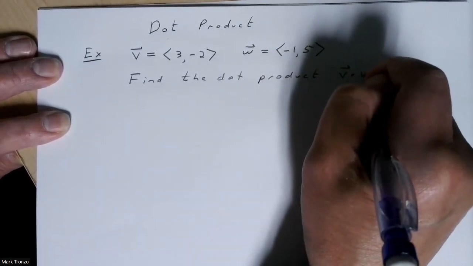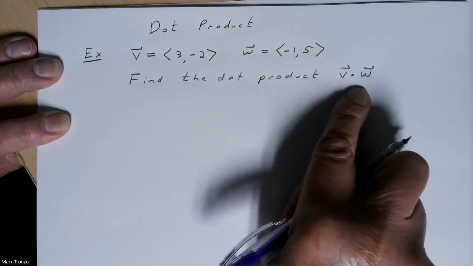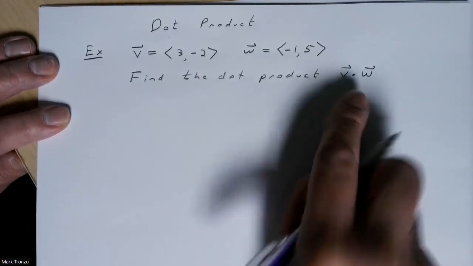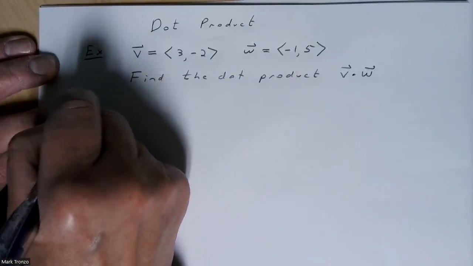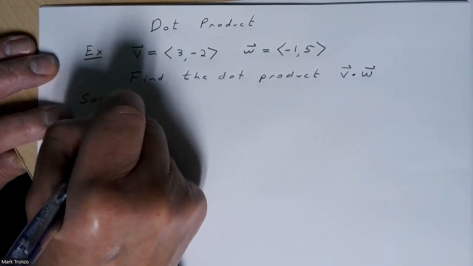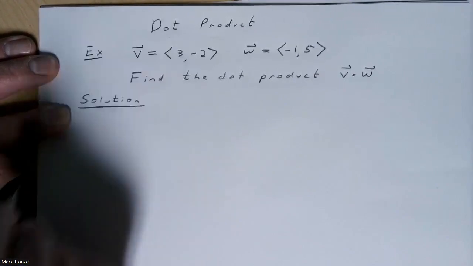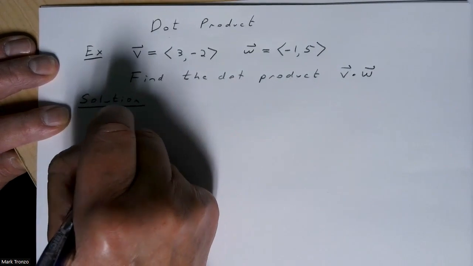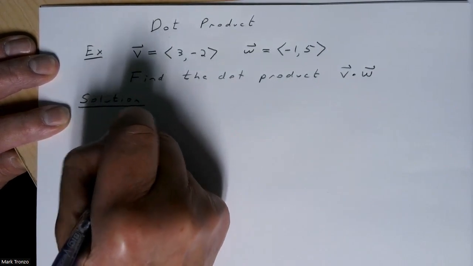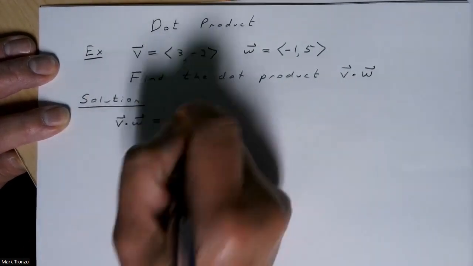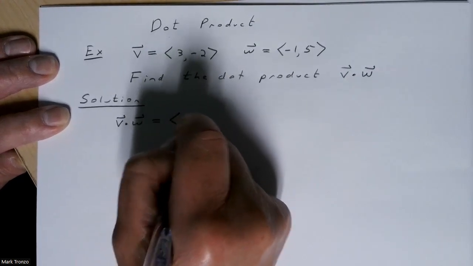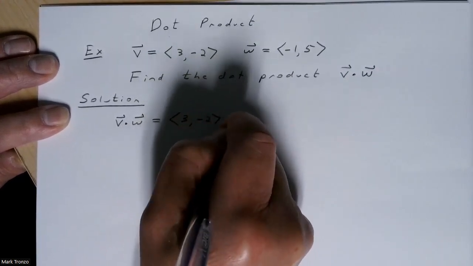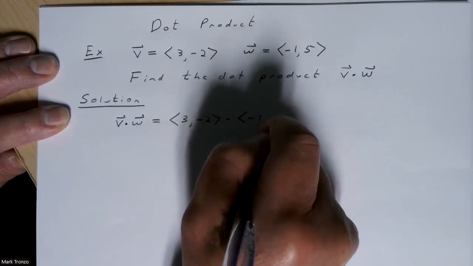And usually you put a dot between the two that indicates you're going to do the dot product. It's very simple to do. Let me show all the steps here.